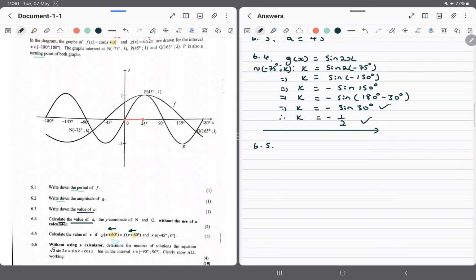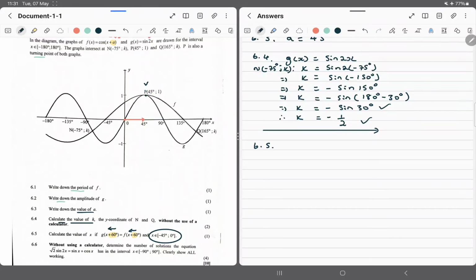We are supposed to find this point between minus 45 and 0. Can you see? Obviously, where are these graphs equal? They are equal here at P. So that means we just shift point P 60 degrees to the left, because we are doing it to both and yet they are equal. So within this region, it's that point P.